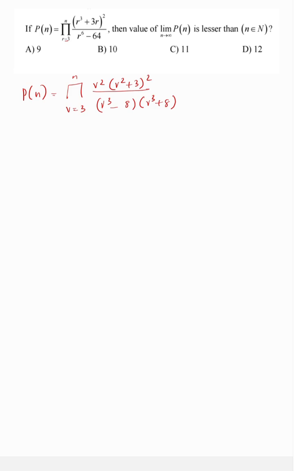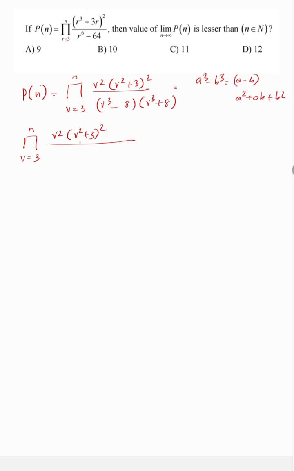Now next is pi, r from 3 to n, r square into (r square plus 3) whole square, divided by, and I am using the a cube minus b cube form. What is a cube minus b cube? a minus b into (a square plus ab plus b square).